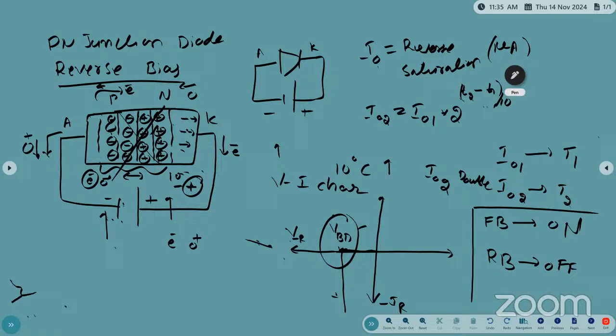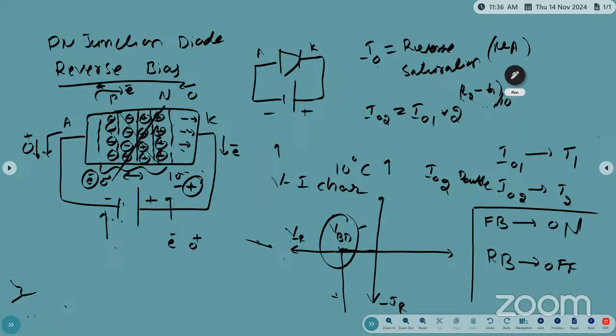So now we need to overcome this. Under forward bias we can use this device in any electronic circuit, but under reverse bias we can use it only up to a limited voltage. Beyond a certain point of reverse voltage we can't use it, because the junction is damaging.